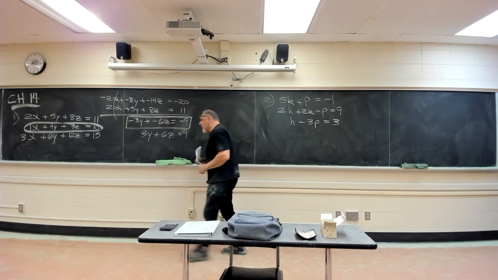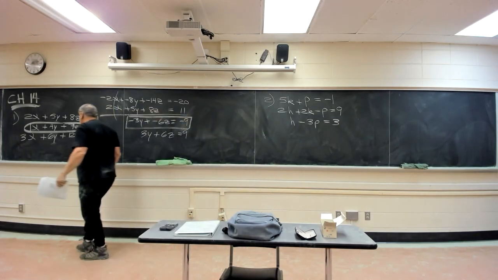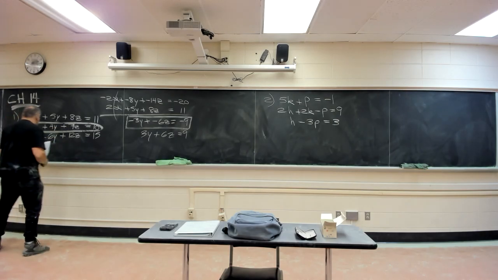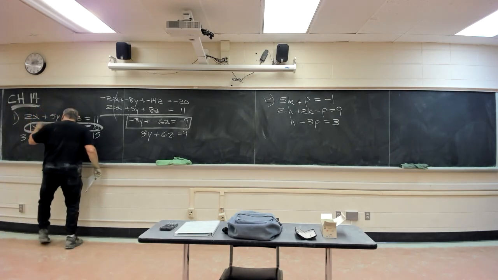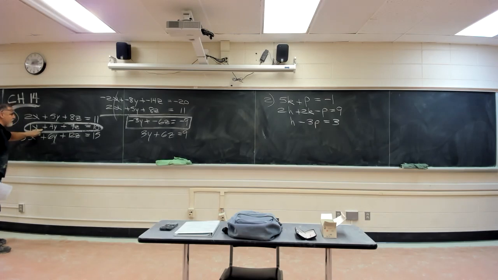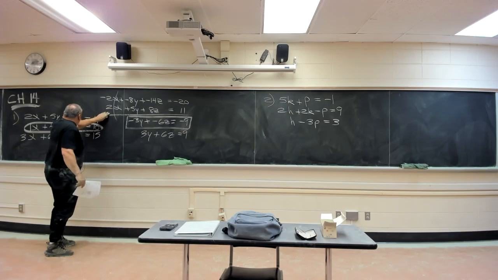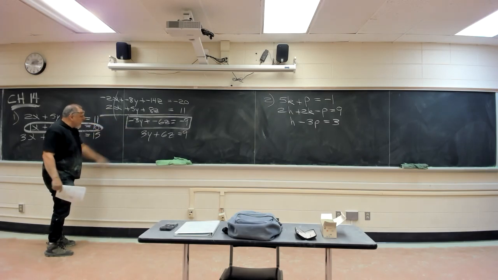Let's see what happens with the other one. Let's take this one right here again and multiply it by -3 all the way across. We initially started the process by multiplying this middle equation by -2 all the way across, and then we added it onto the top equation. And we got this, which can also be written like that.